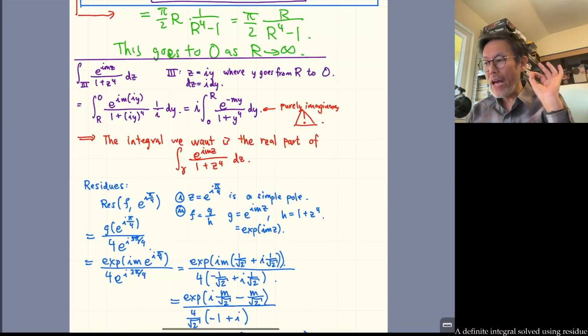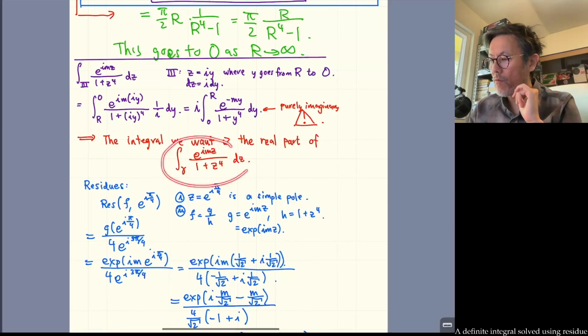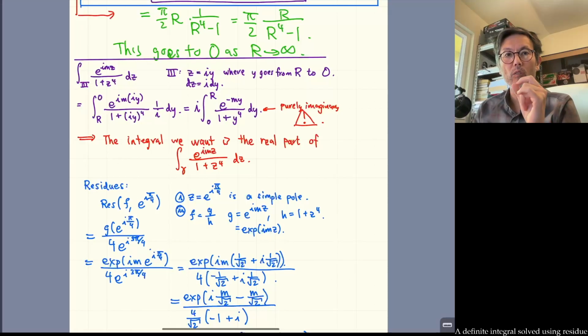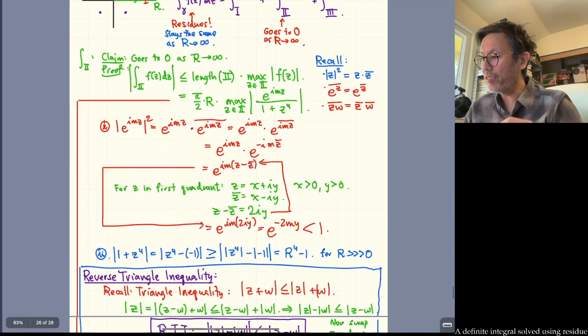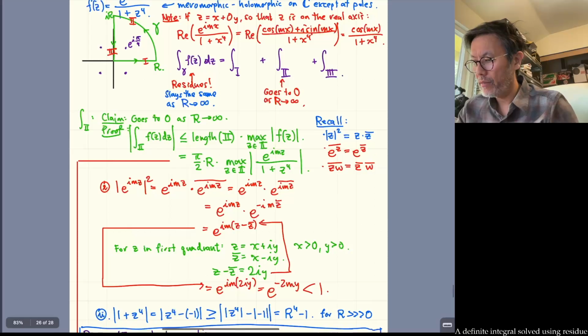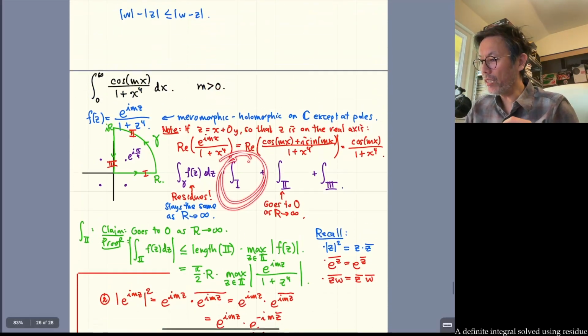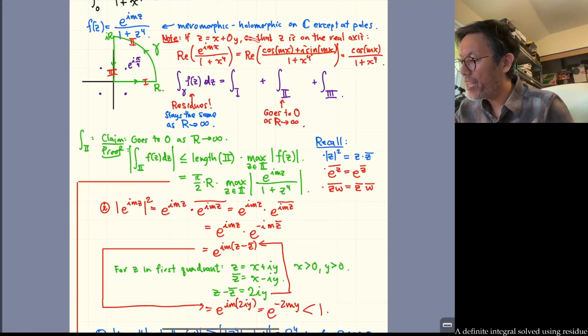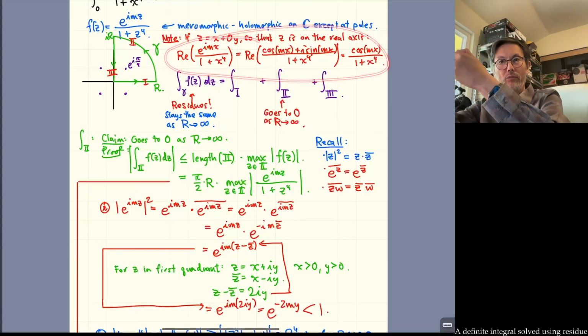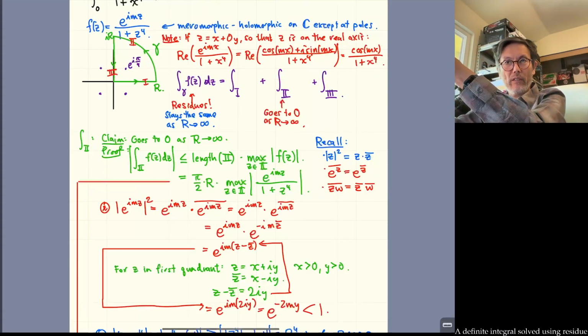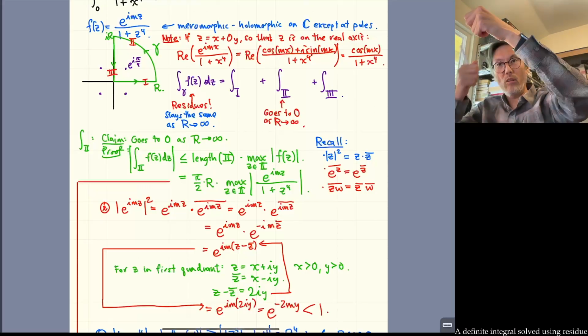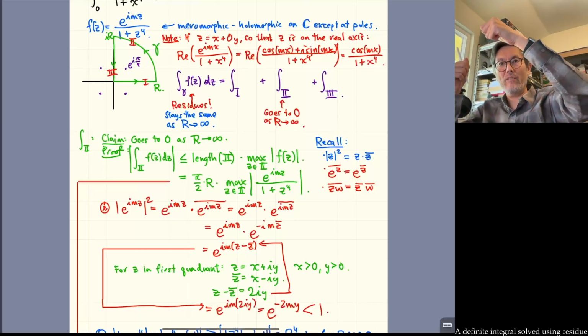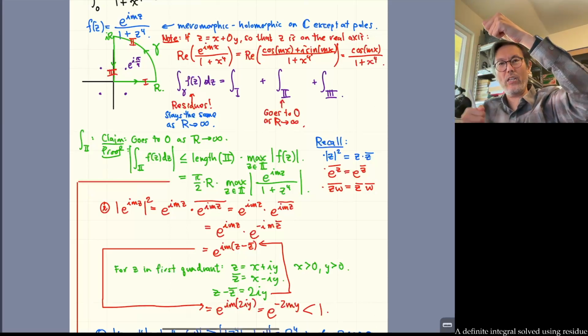And that leaves the fact that the real part of this integral is precisely going to be the real part of this integral, because the integral over a contour of a complex integrand is the integral over the contour of the real part plus i times the integral over the contour of the imaginary part.